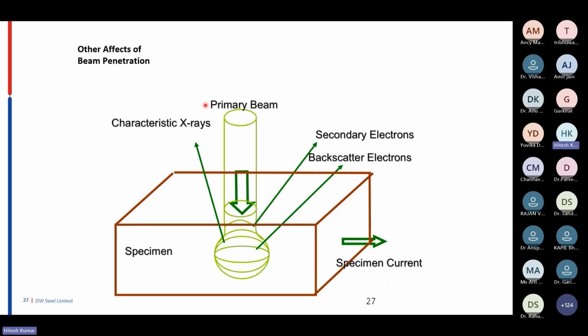If your sample is not conductive, then you need to make it conductive, so that the electrons bombarded on your sample are reflected or diffracted back. But if your sample is non-conductive, it captures all the electrons and does not emit them, meaning there is no reflection back or diffraction.